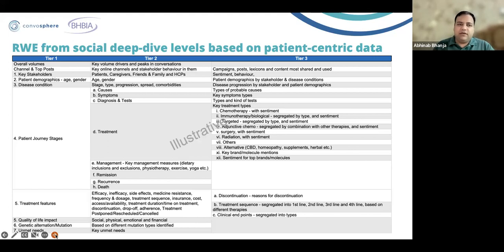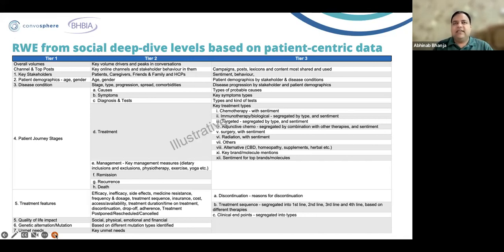While from a regular study we'll see what the patient journey stages are, within an RWE study we'll go to what the subtypes are within that. What are the causes? What are the symptoms? What are the diagnosis and tests? We even split diagnosis and tests separately and see what the different tests are, and if they're talking about certain indices, certain values from their test and blood reports, that will also be captured and mapped against the patient group.